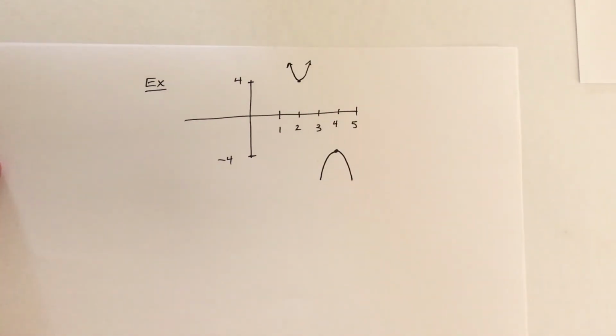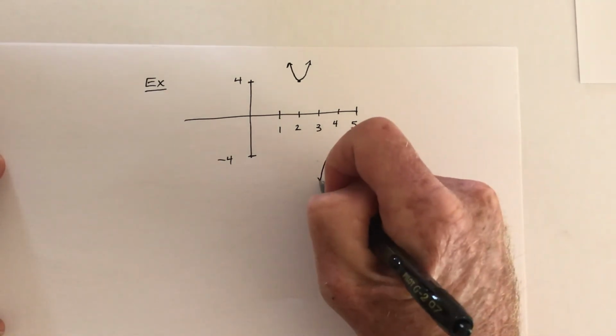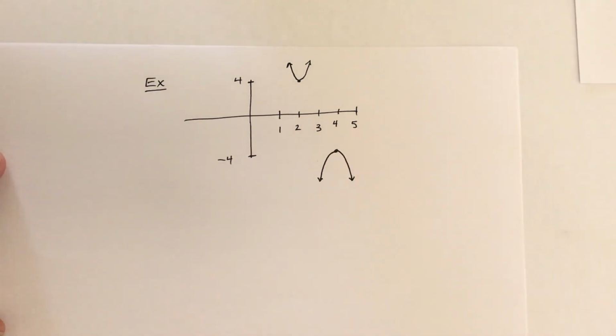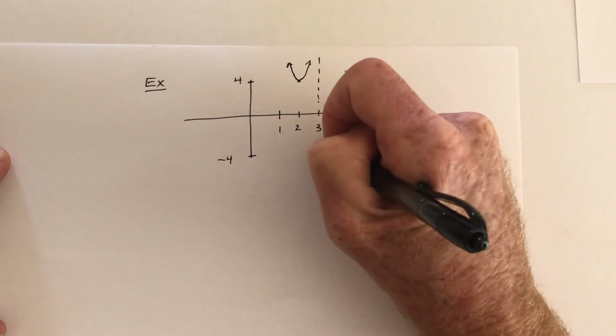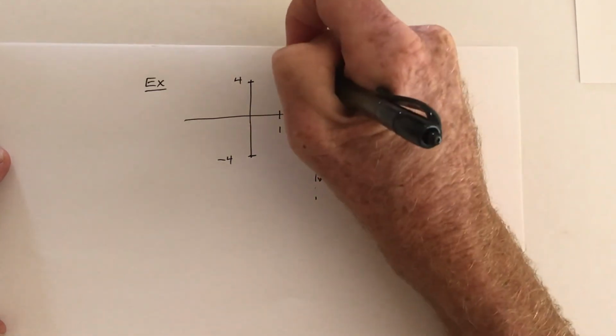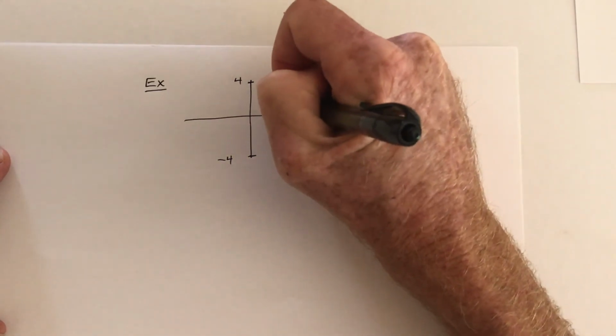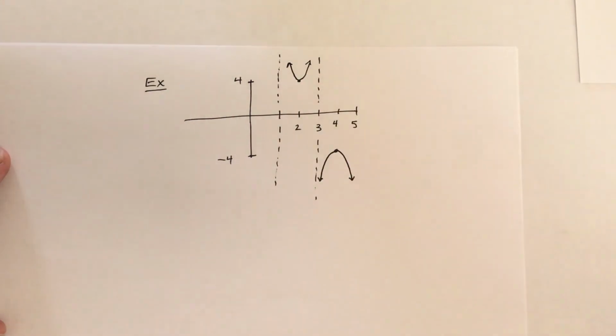Okay, so given that graph, then find the function that does that. So it must be that it has an asymptote right here at 3, and it's got an asymptote right here at 1.